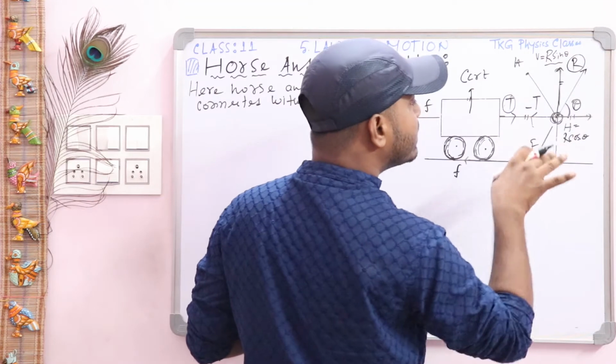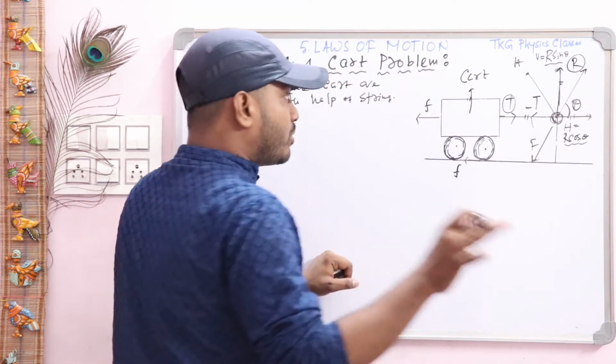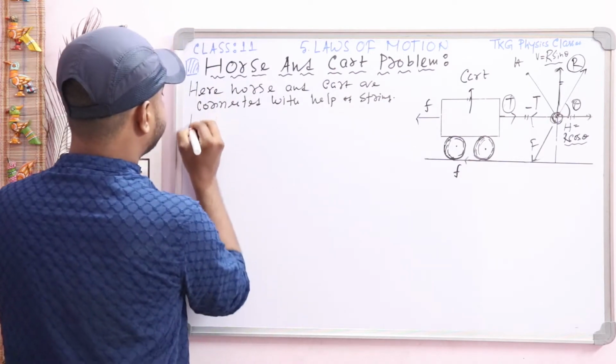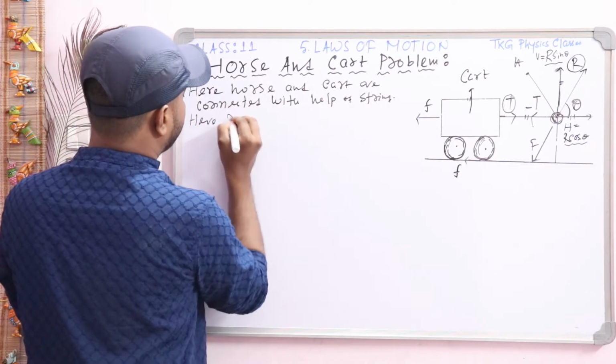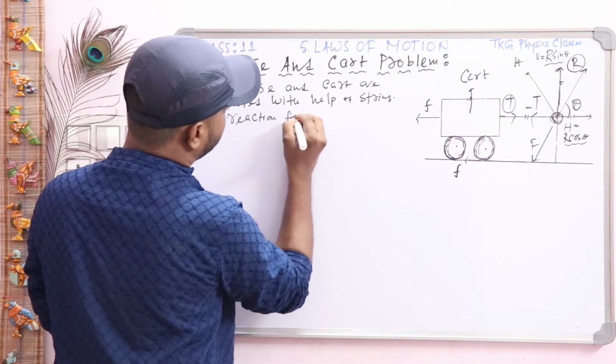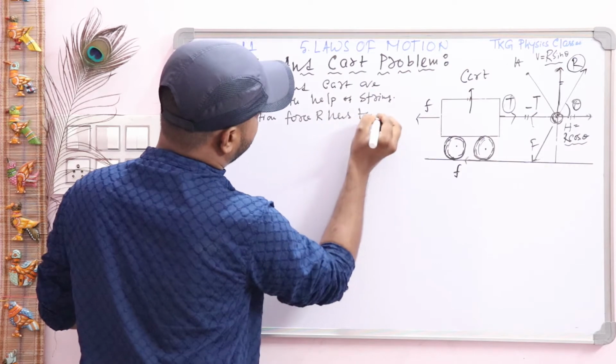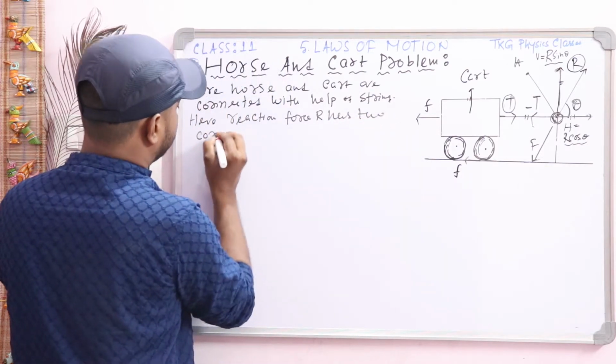Vertical component R sin theta and horizontal component R cos theta. So write it here: reaction force R has two components.